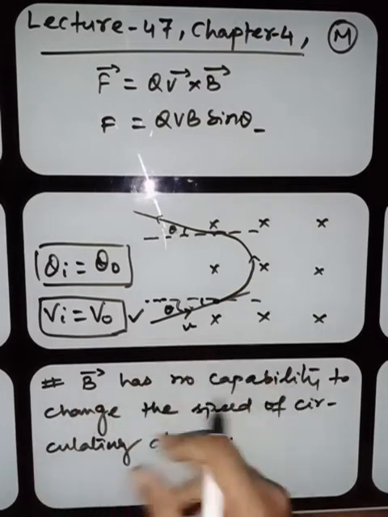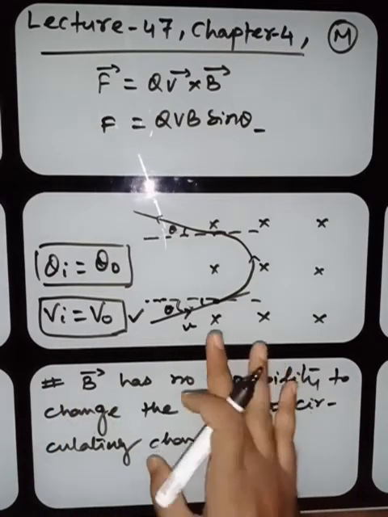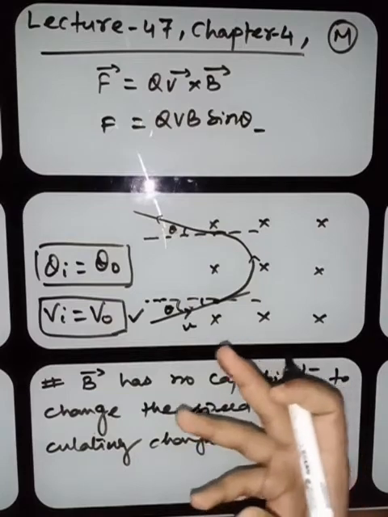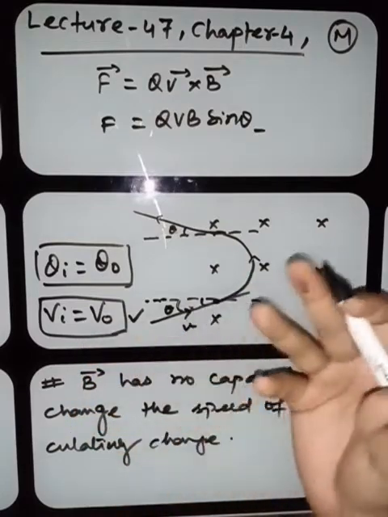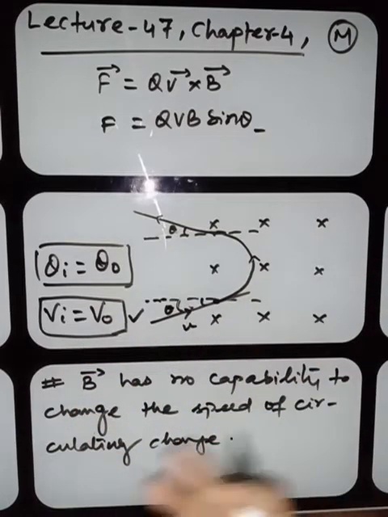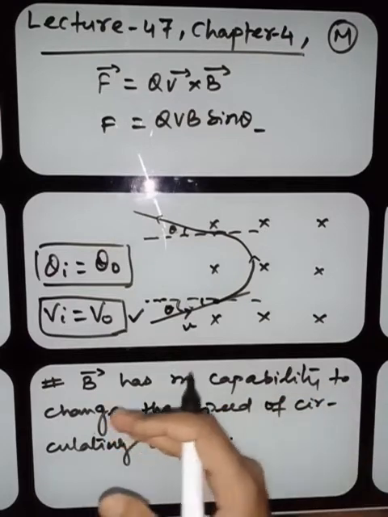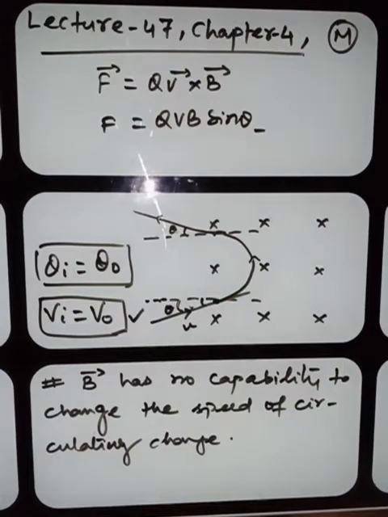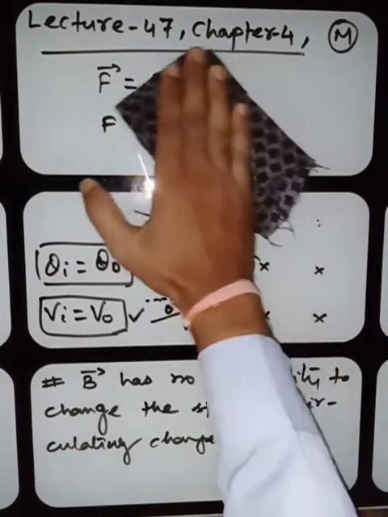The charge which is circulating, its speed will not be affected by the magnetic field if it is constant. By changing the magnetic field, of course, the speed can be changed. We'll study later on how. Let me prove it.